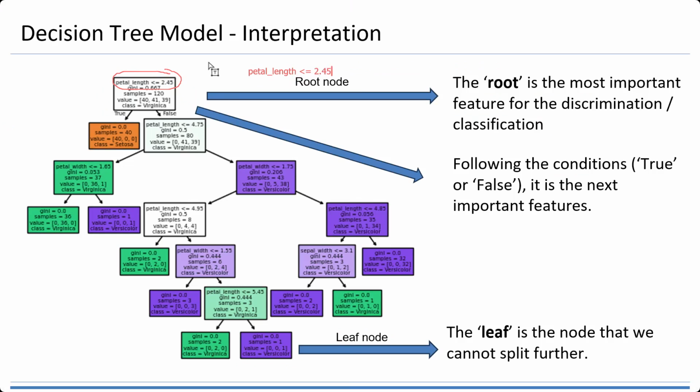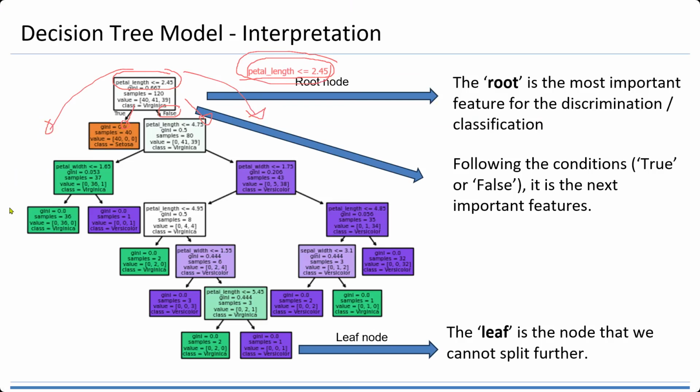If the condition is true for the data, it goes to the left. If the condition is false, it goes to the right. It means if the petal length is less than 2.45, it goes to the left. If the petal length is higher than 2.5, it goes to the right.